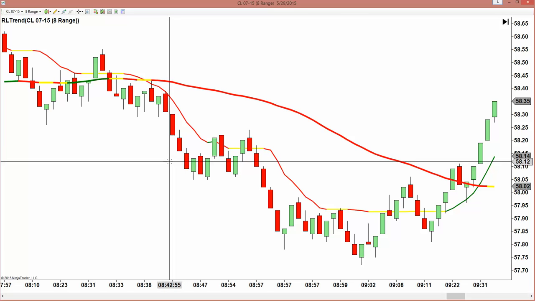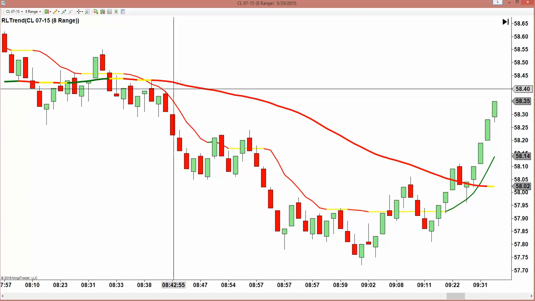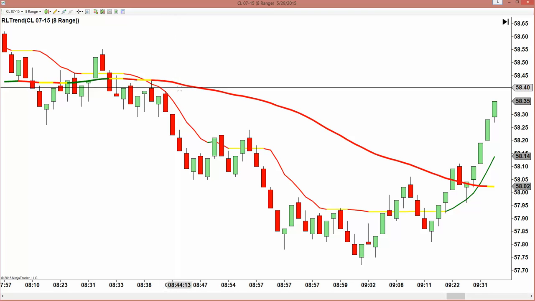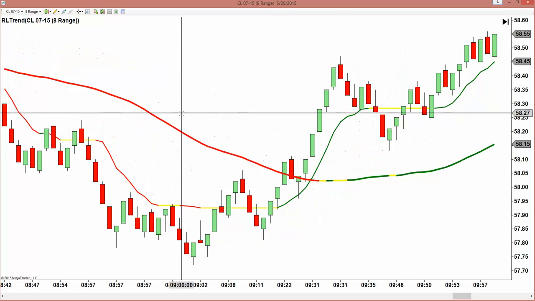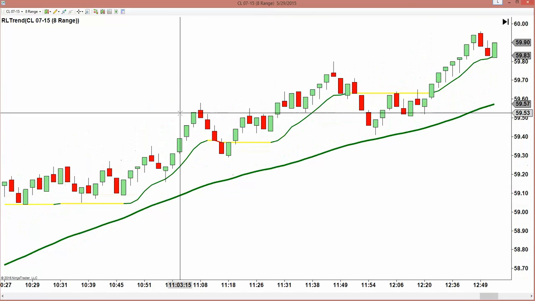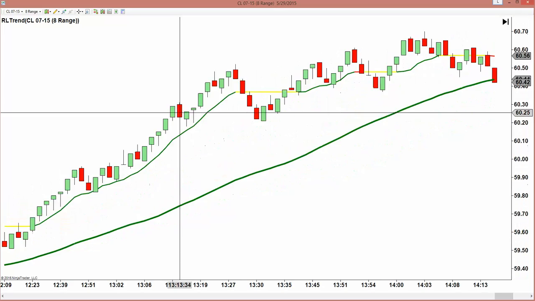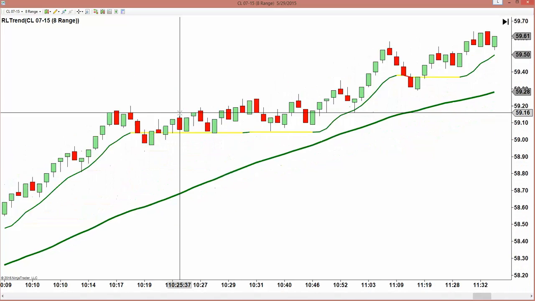So let's for a minute pretend that we're not looking at the 50 and the modified 15, and we're just looking at what price is telling us. And now, in my opinion, it isn't giving us a whole lot of information.